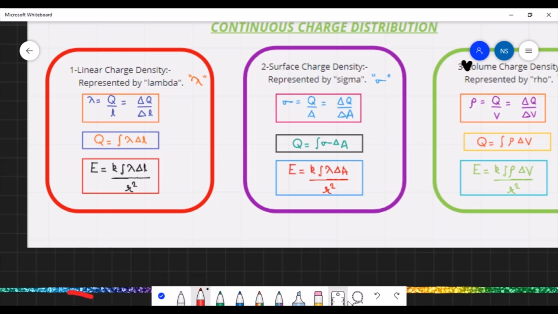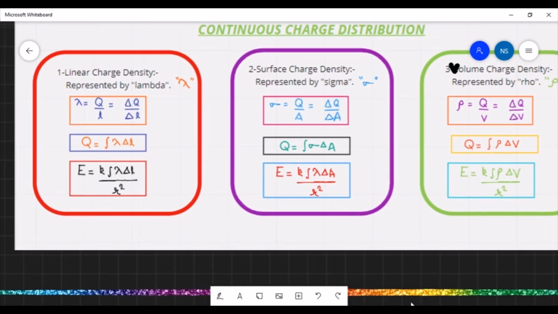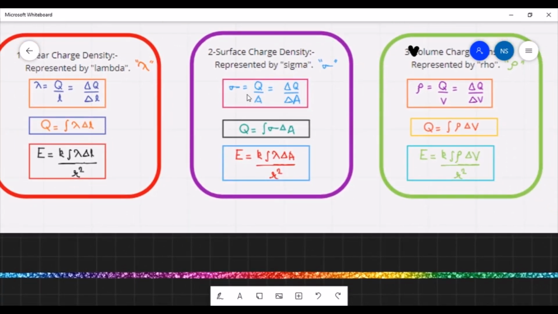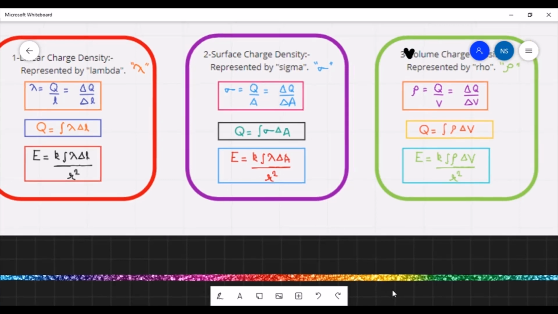We saw surface charge density also. In surface charge density everything is the same. We can get sigma is equal to Q by A is equal to delta Q by A. From there we can get the Q value, so Q is equal to the integration of sigma multiplied by delta A, and again we can use it for electric field intensity.